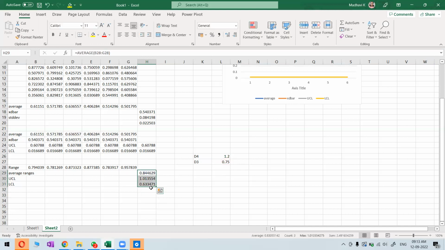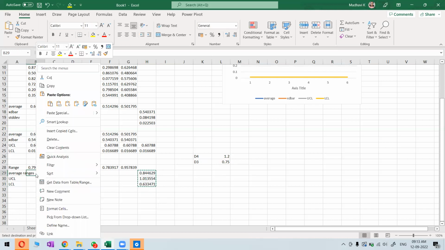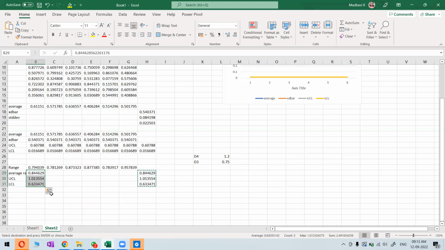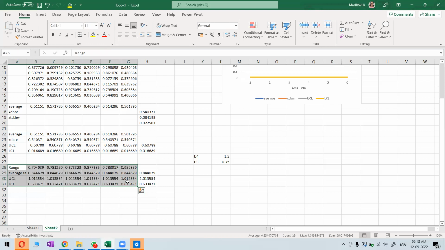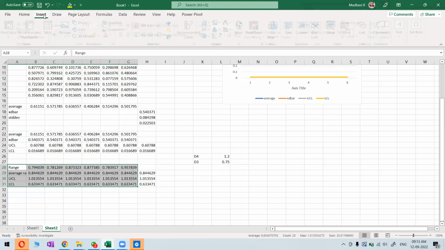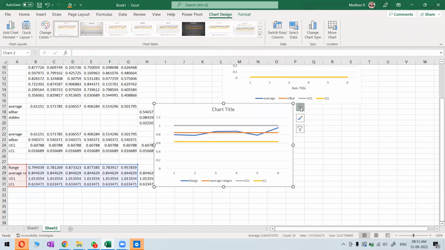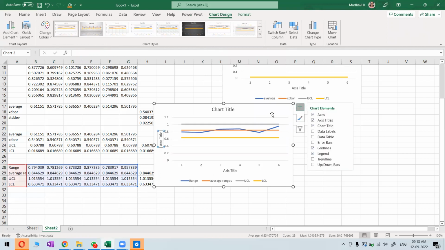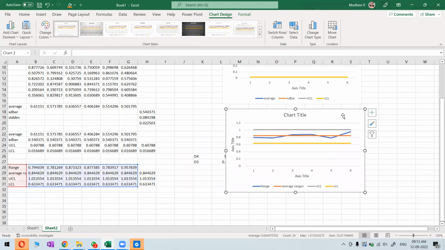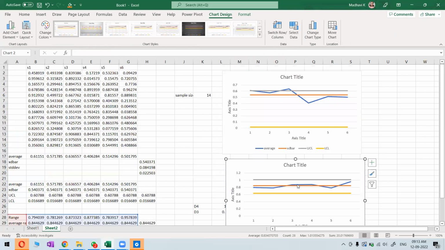So I'm just copy pasting these three values over here, only values, and then expanding them so that we can draw the graph, no other intention. And with these values, insert a plot with the titles, and this is our R chart. So we are seeing the range of values applied on this one.